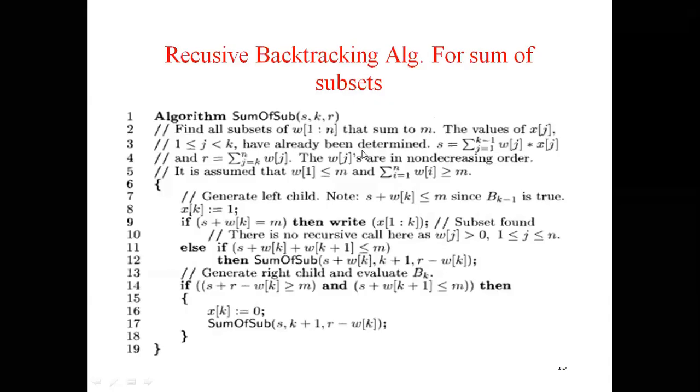Now see the algorithm, our recursive backtracking algorithm for subsets. In this algorithm, you need to understand what the bounding function is in the sum of subsets problem.